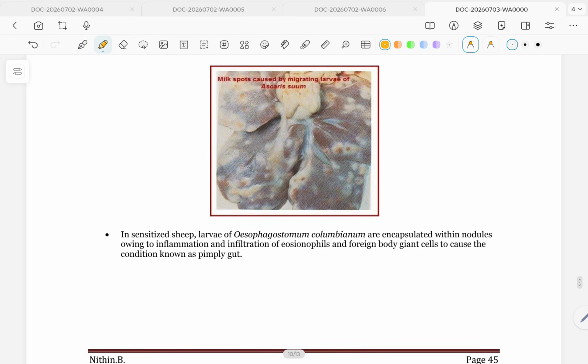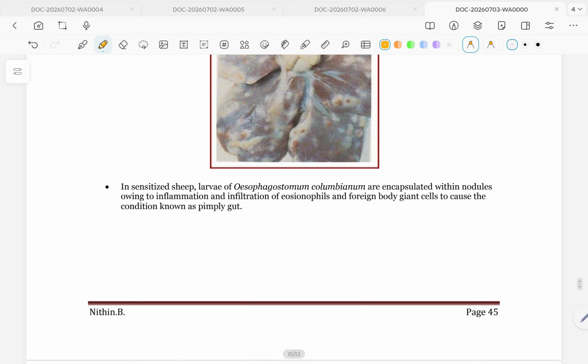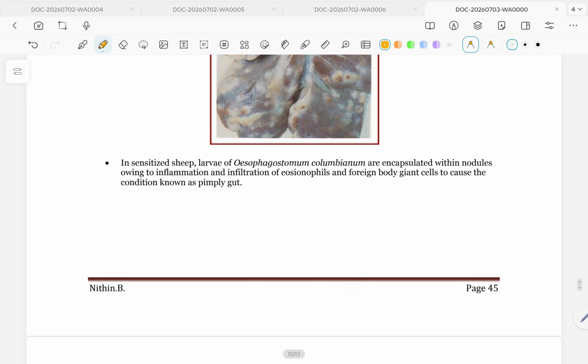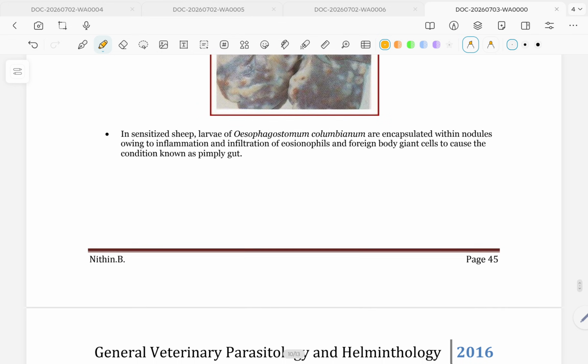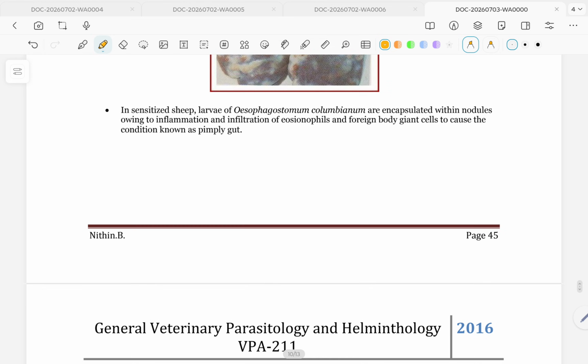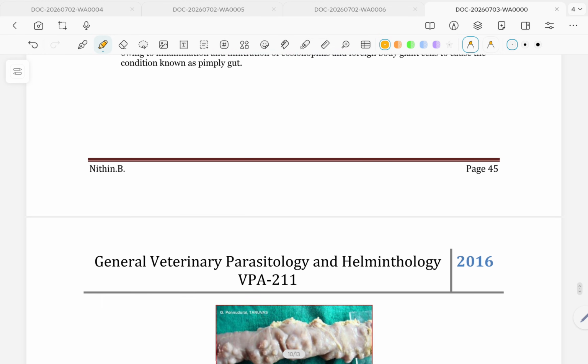In sensitized sheep, larvae of Oesophagostomum columbianum are encapsulated within nodules, owing to inflammation and infiltration of eosinophils and foreign body giant cells, causing the condition known as pimply gut.